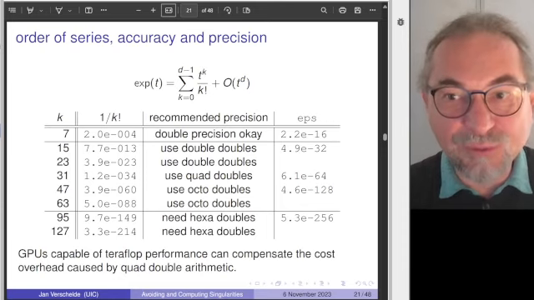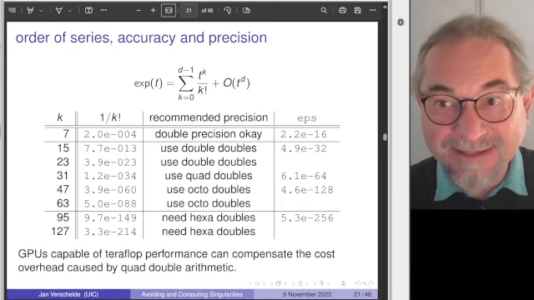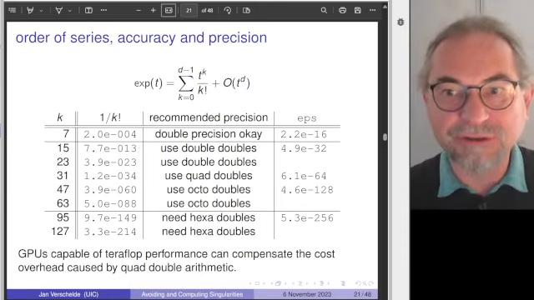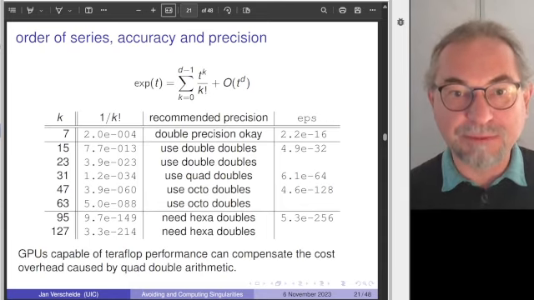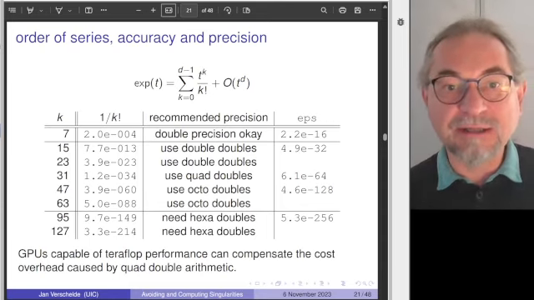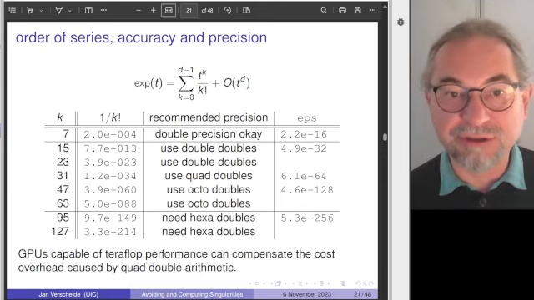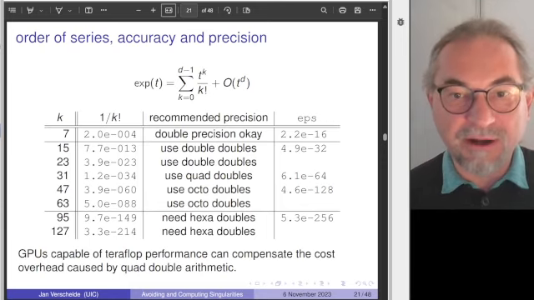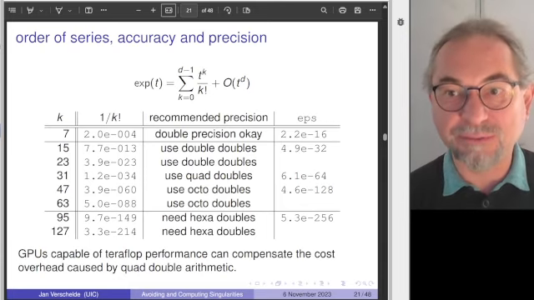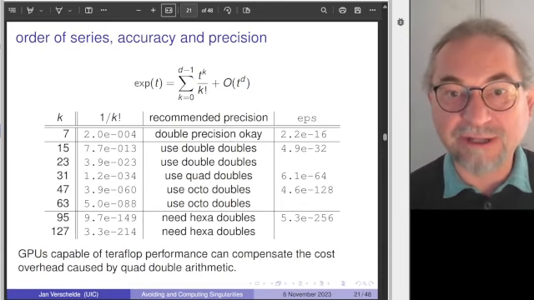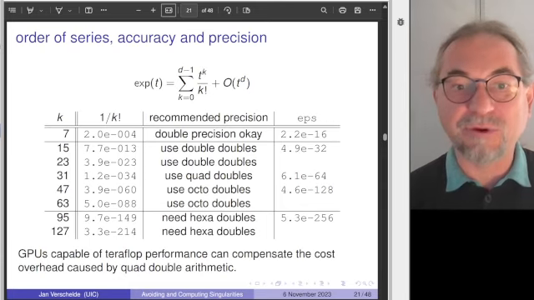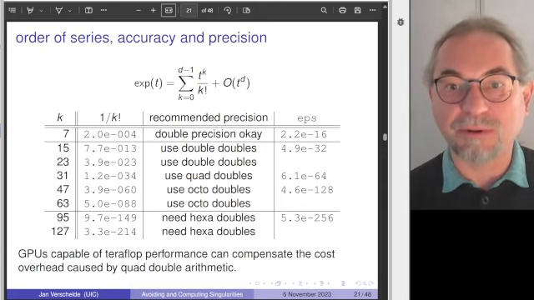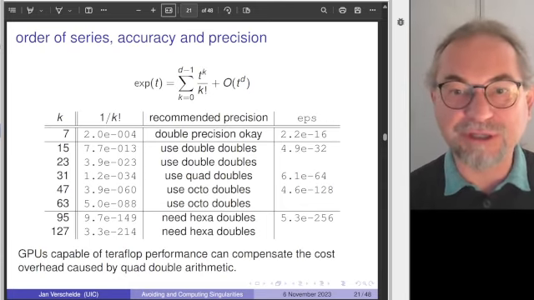However, if you want to be able to represent all the coefficients, then it's still okay to use double precision when you compute the first 8 terms. But with 16 terms, the last term is already 10 to the power minus 13. So there one would already prefer double-double arithmetic, which doubles the machine precision here in the last column.